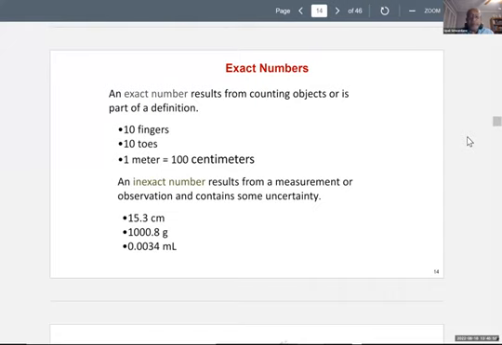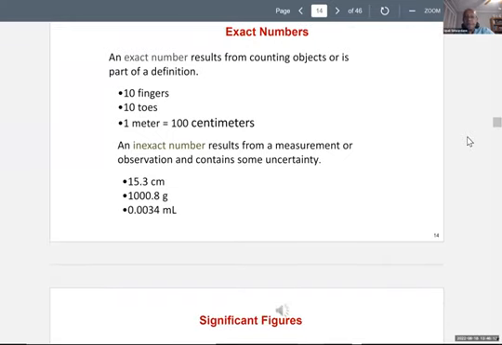Okay, can you remember that? Exact numbers which are found in conversion factors don't have significant figures.